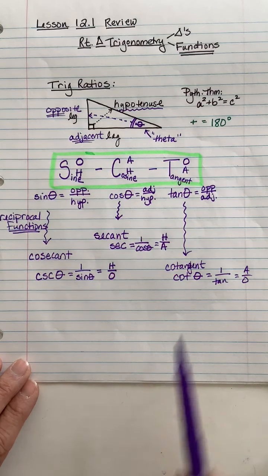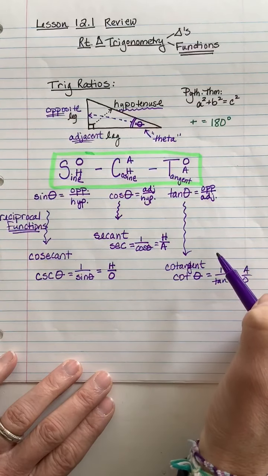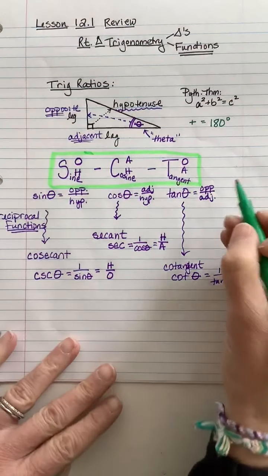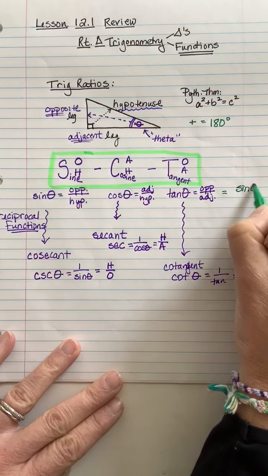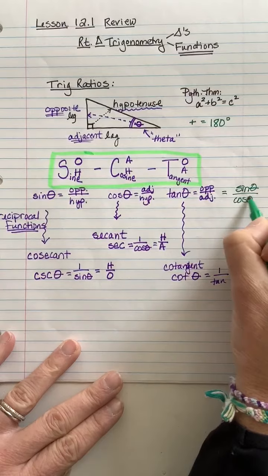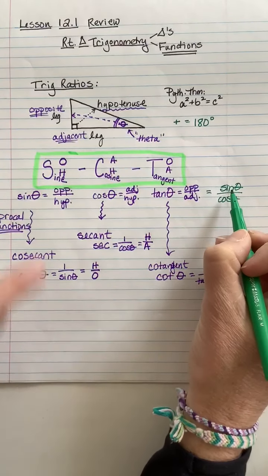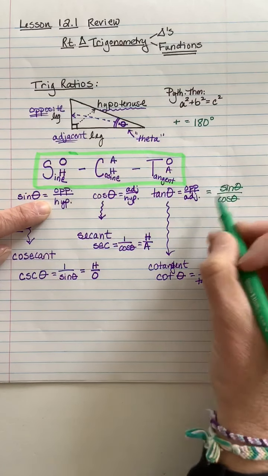Another thing that's kind of cool about tangent is tangent can also be seen as sine over cosine. And the reason why tangent can also be sine over cosine, and it'll work no matter what, is if you think about what sine is going to be, opposite over hypotenuse.